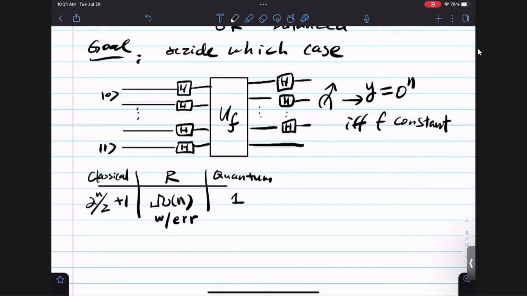This randomized process, you're still going to make mistakes sometimes. And this quantum algorithm never introduces any errors. So that's another advantage. So now we have a linear versus constant speedup, and also this error advantage.